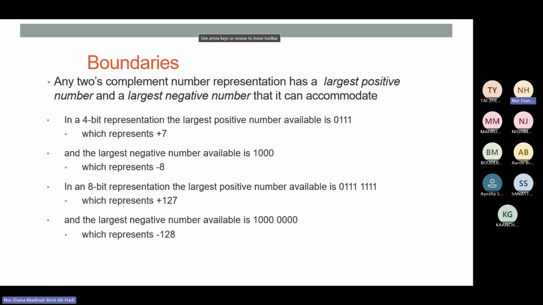The largest negative number available is 1000, which represents negative 8. Okay, so for 8-bit, the largest positive number would be 01111111, which is positive 127. While for negative, it will be the reverse value of your positive 127, which is equivalent to negative 128. Okay, do you understand?